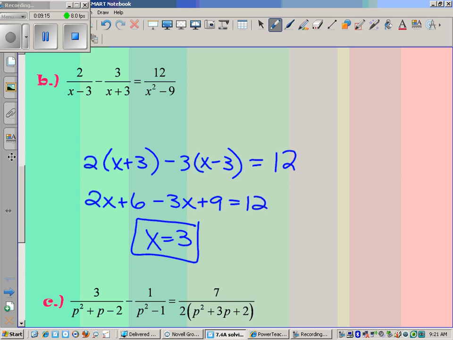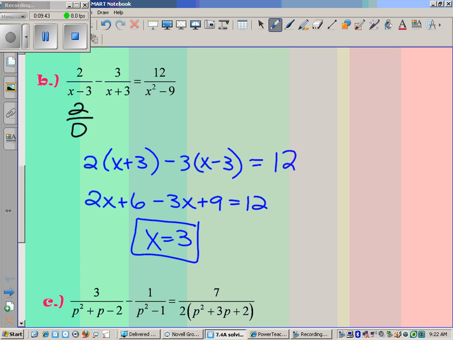If I plug in a 3 here, what's 3 minus 3? 0. What's 2 divided by 0? You cannot divide when there is a 0 on the bottom. And there's a 0 under your line, it's undefined. There is no such thing as 0 on the bottom.